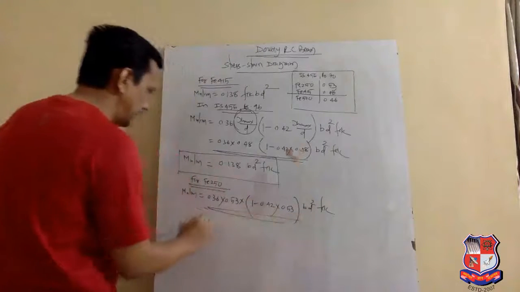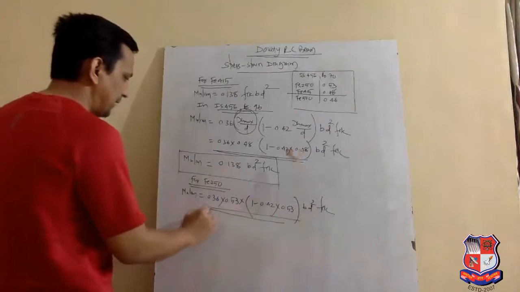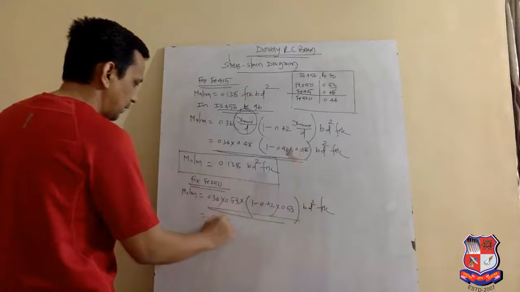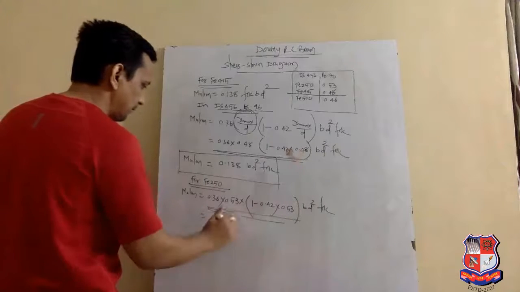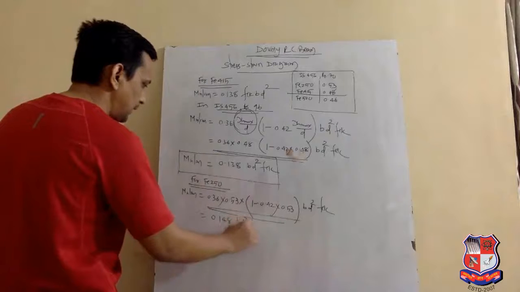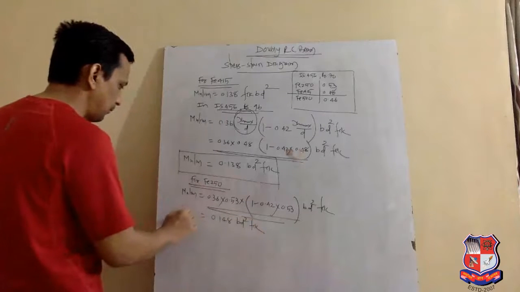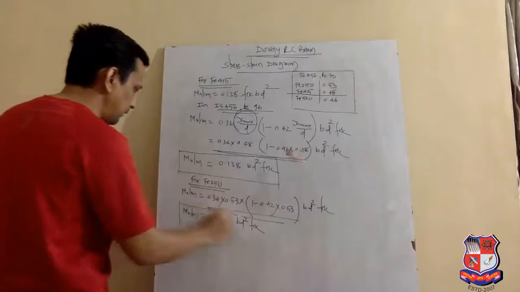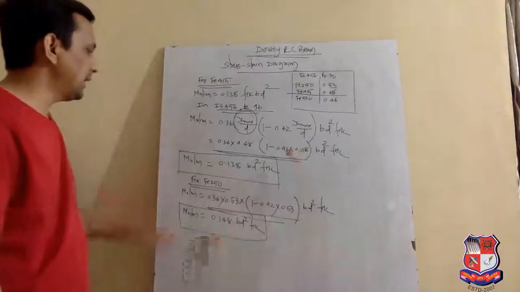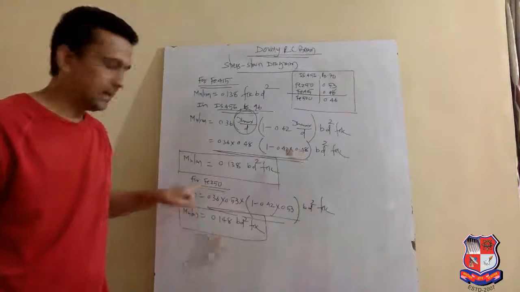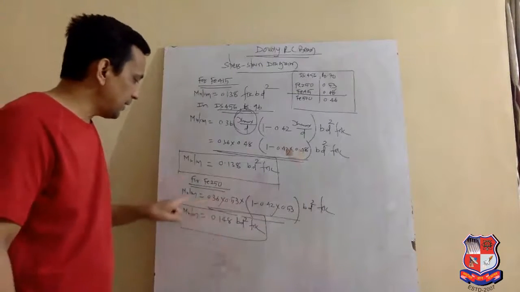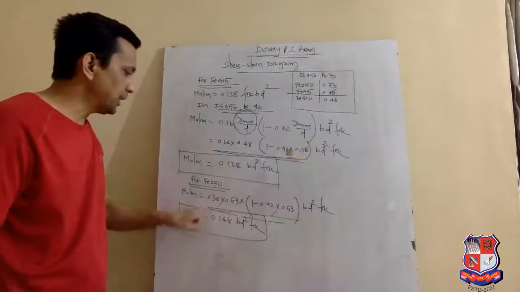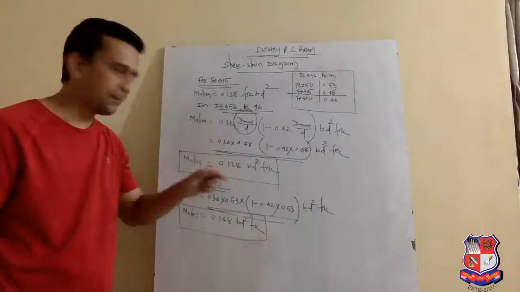When you calculate this, you will get the answer 0.148 BD square FCK. It means if the steel grade is Fe 250, then the equation of MU lim will become 0.148 BD square FCK.